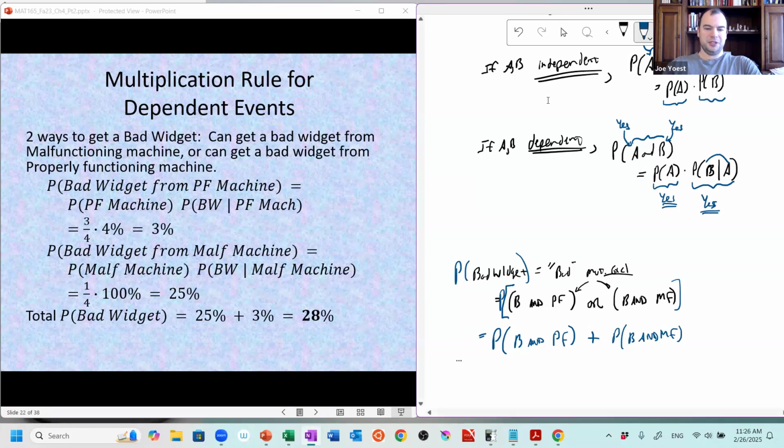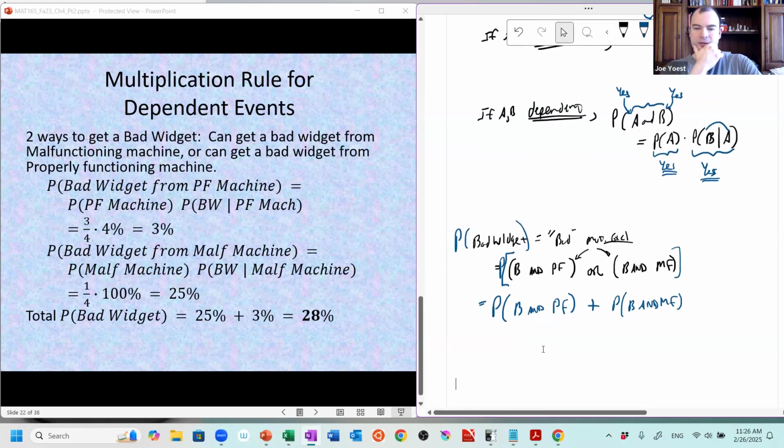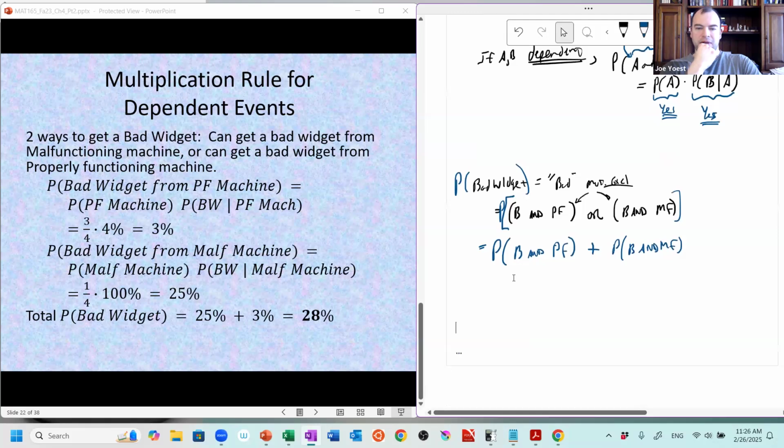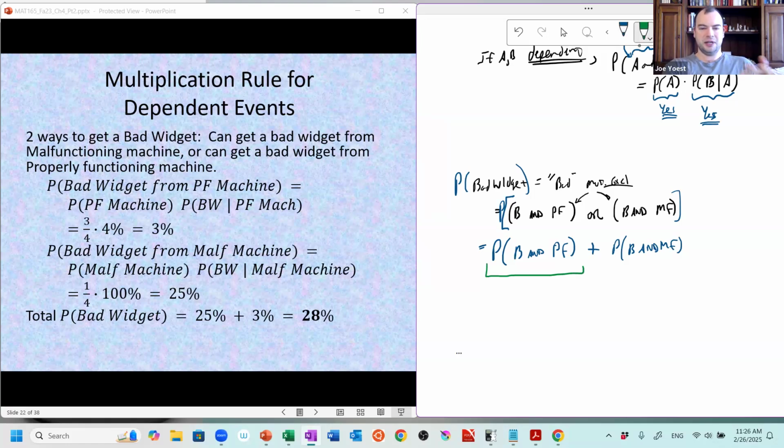But now I can switch gears and use my multiplication rules. So if I look at this first probability here, for instance, I have the probability of event one and event two, event one getting a bad widget, and event two getting a widget that came from a properly functioning machine.